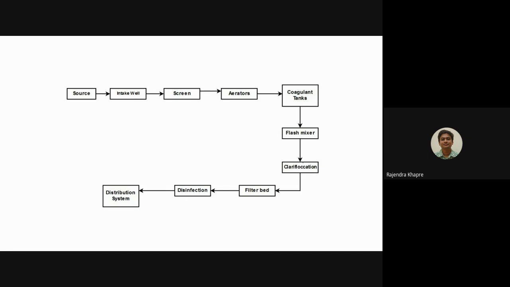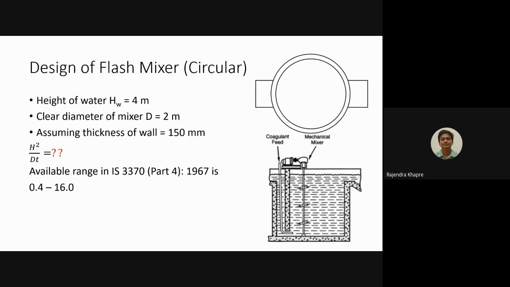The very first and very common type of coagulation tank is the mechanical coagulation tank. Here, if you see the picture at the bottom, there is a coagulant feed. The coagulant is fed and comes over here, and there is a mechanical mixer.